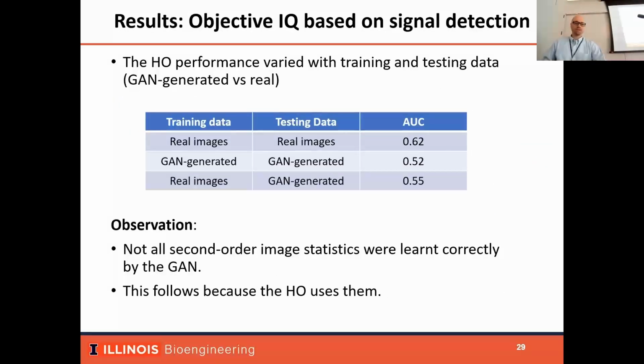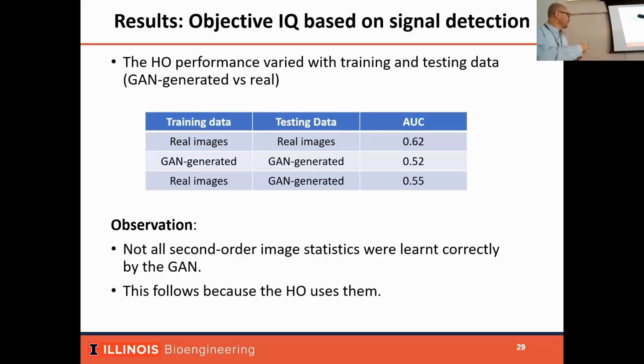And here are the results of the signal detection study. What we saw was that the Hotelling observer performance varied depending on how we define the training and the testing data, whether it was GAN generated or whether it was the actual real CLB images. So if I look at this table here, the training data describes the data that the Hotelling template was computed using.